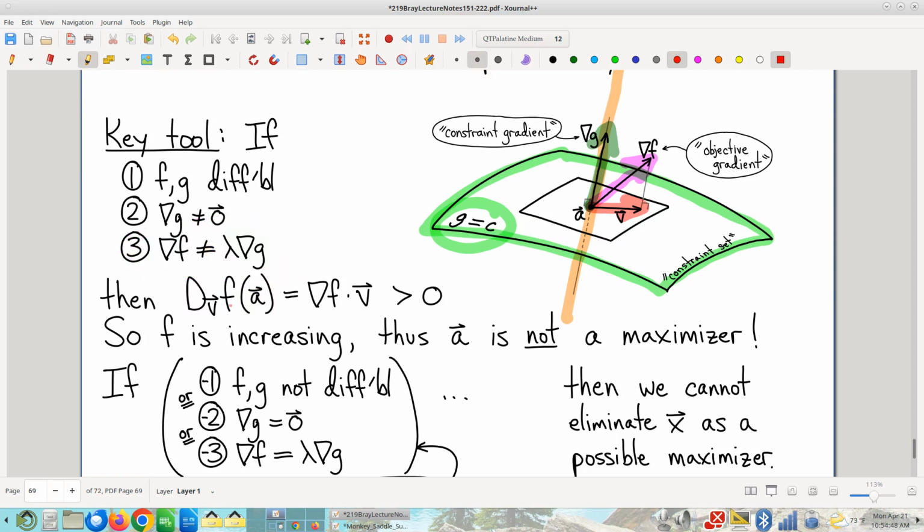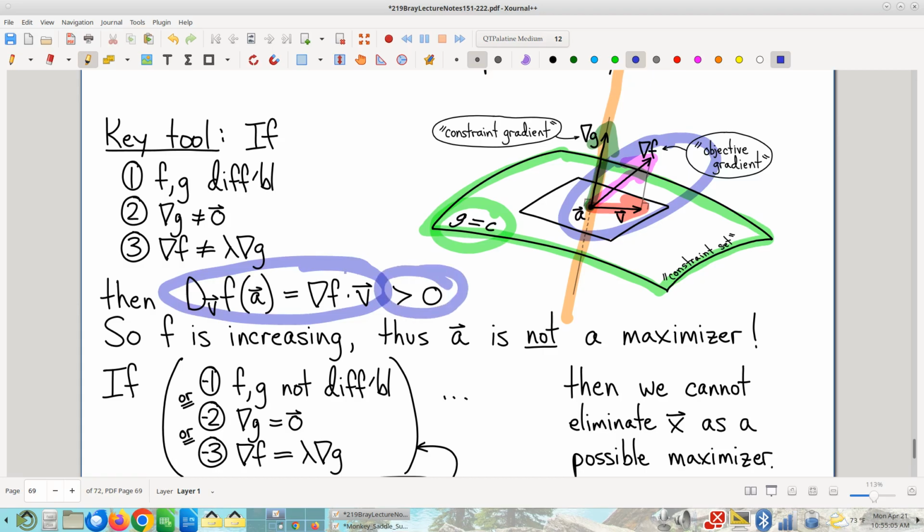And if it has that shadow on the tangent plane, and I think about that dot product to compute the directional derivative, how fast is the function changing as I move in that V direction, well, that's clearly an acute angle, and this is a positive directional derivative. The function's still getting bigger. It's still growing. How could it possibly be a maximizer if the function's still getting bigger? So again, a little elimination there.